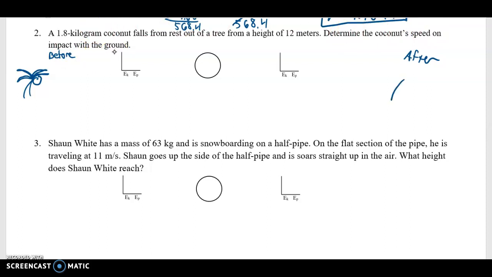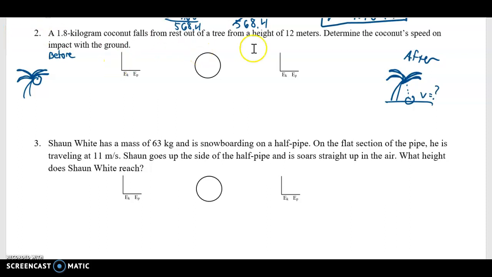So it falls out of the tree and hits the ground. But just keep in mind, we're not thinking of it hits the ground, lays on the ground, and you look at it and it's not moving. Nope, that's not what we're talking about. We're talking about as it impacts, what speed is it coming into the ground at? And so this is what we're going to end up looking for.